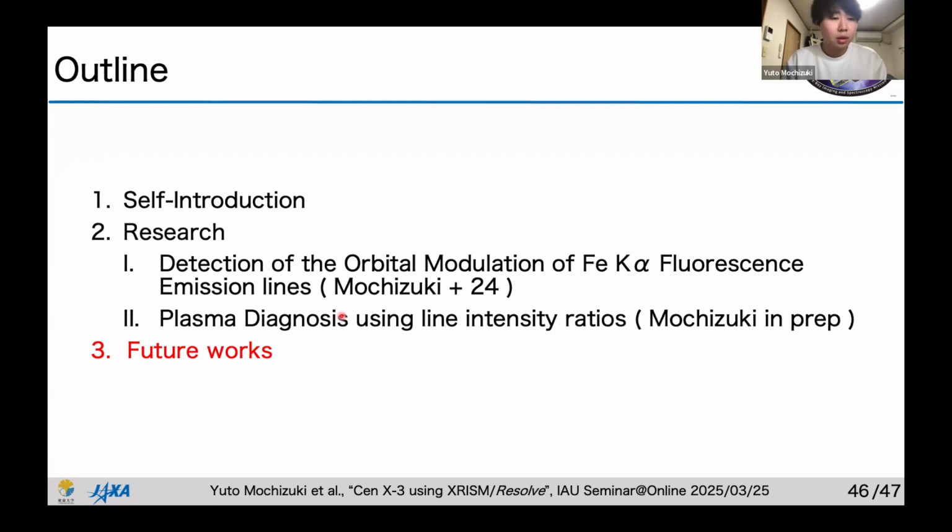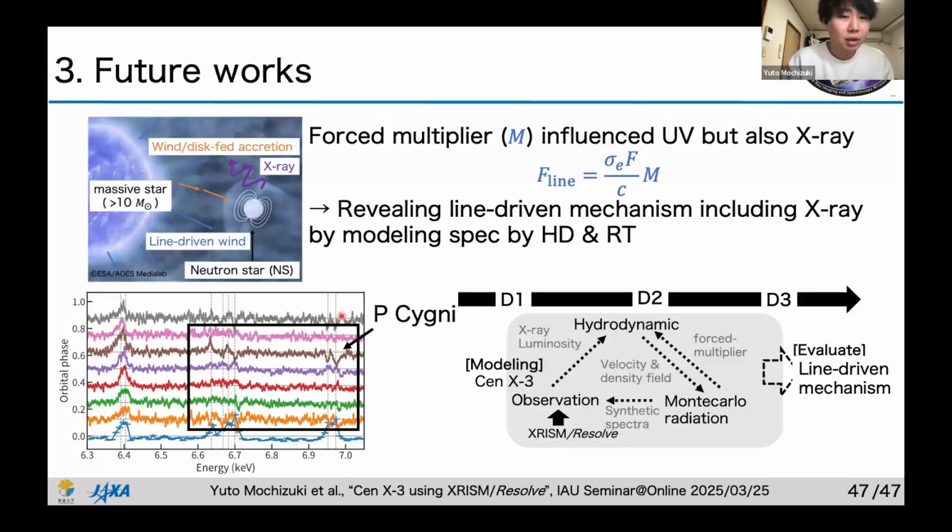Okay, on the future works. This is the final slide. The radiation force acting on the rings consists of two main components: electron scattering and line-driven acceleration.